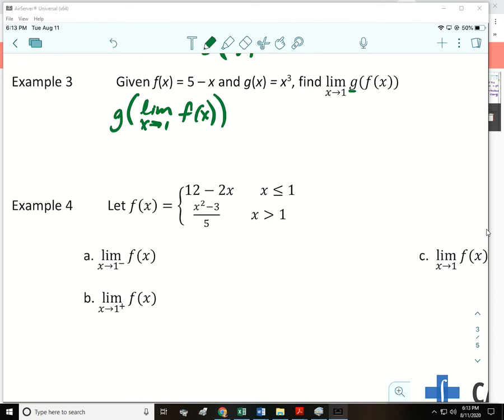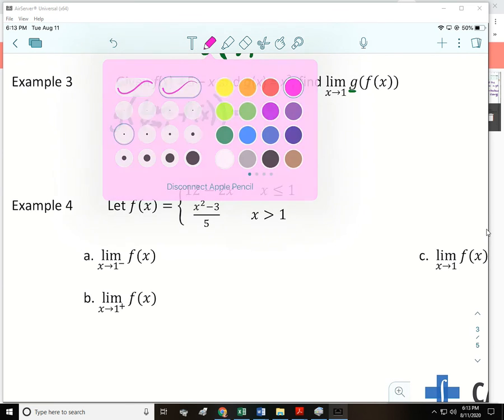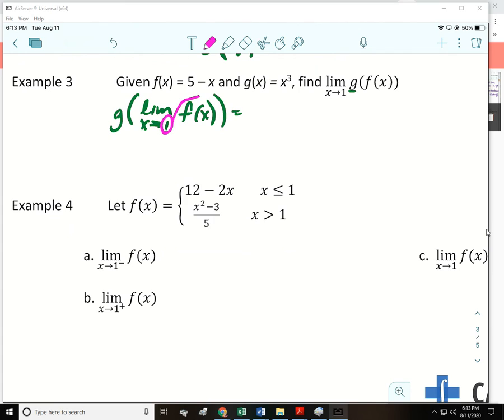Right, to find the limit as x approaches 1 of f of x, we're going to take 1 and plug it into x. So I'll change colors. Just take this one and plug it right there. So that's going to be 5 minus 1, which is going to be 4.